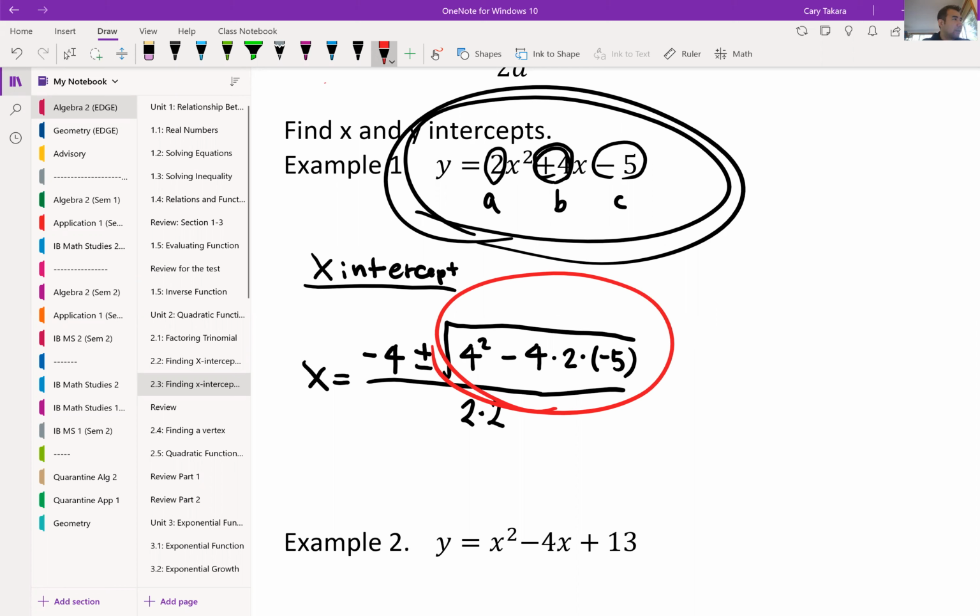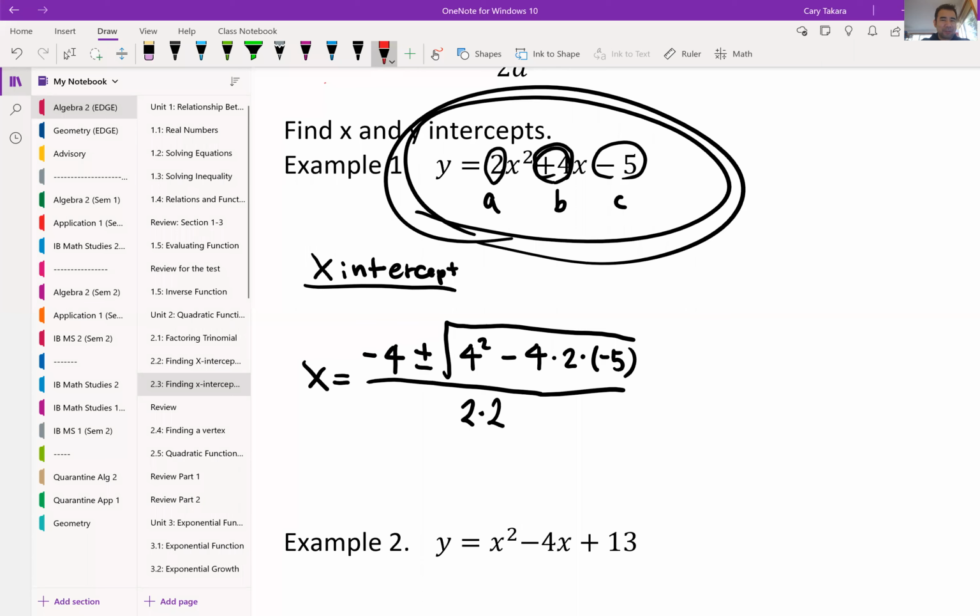What? Parker, what do you mean by that? Why? What do you mean why? Oh, y-intercept. No, y-intercept is going to be easy. You guys know this already.